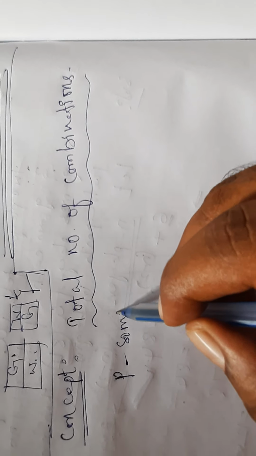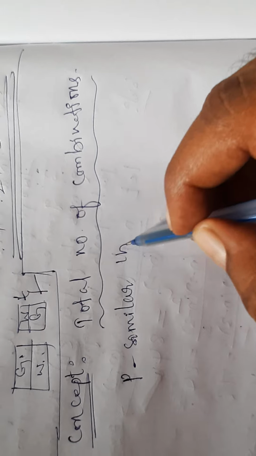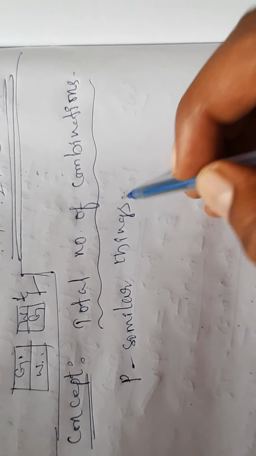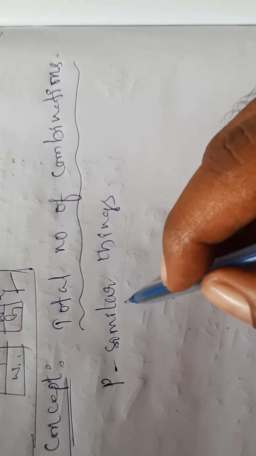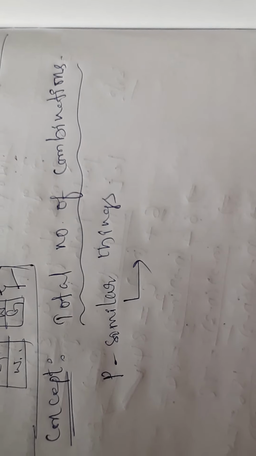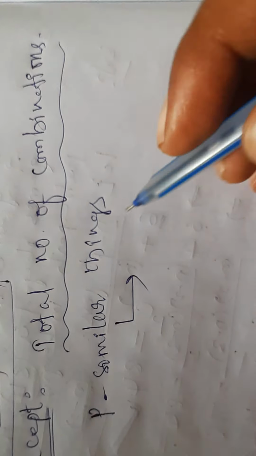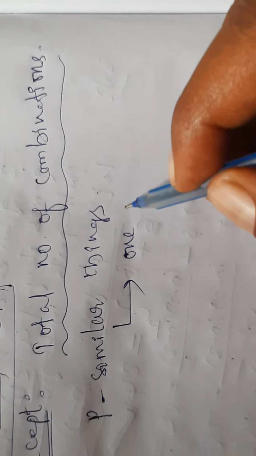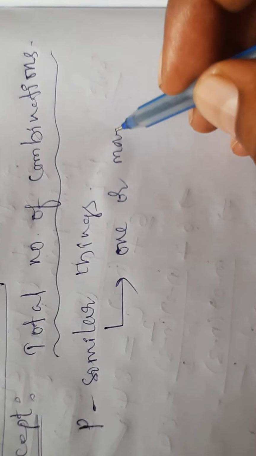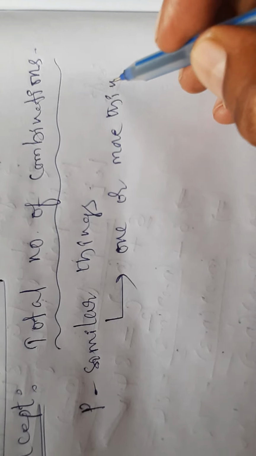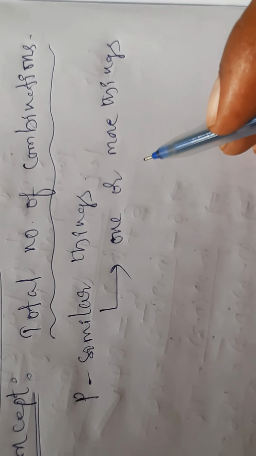if I have p similar things, out of these p similar things, in how many ways can I select one or more things?